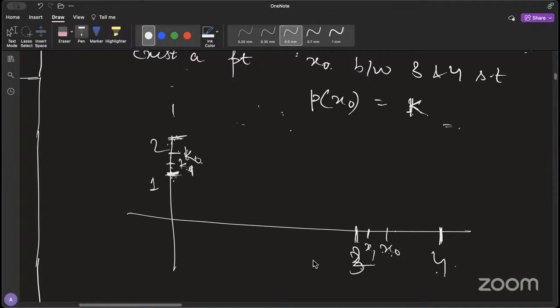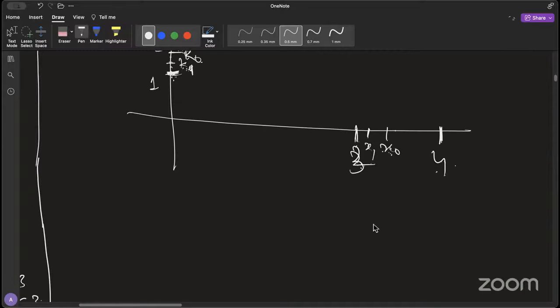Your x1 should lie here because 1's image is 3, k0's image is x0. So anything between 1 and k0, that element's pre-image should be between 3 and x0.